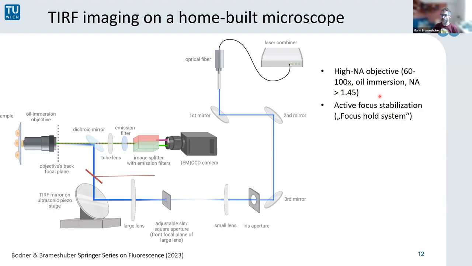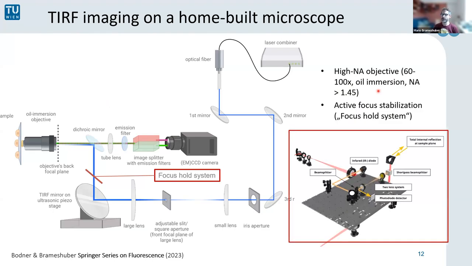You can buy them commercially, or you build your own, which is not super tricky. Basically a piezo under the objective controls the position of the objective, and whenever your image goes out of focus, it is automatically refocused by the focus hold system. I don't want to go into detail, but it's very convenient to have such a system.